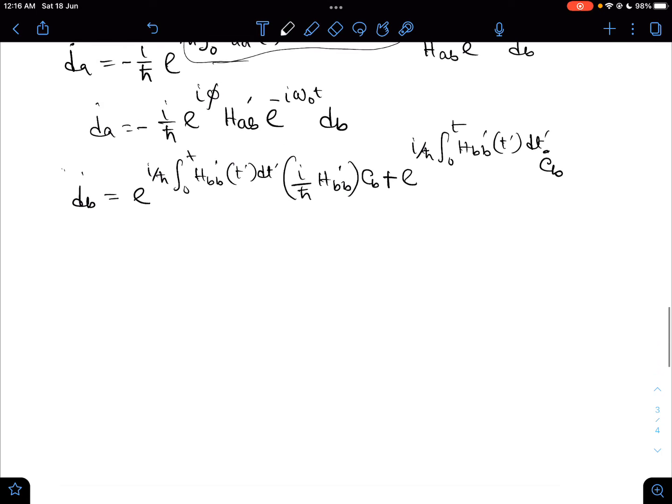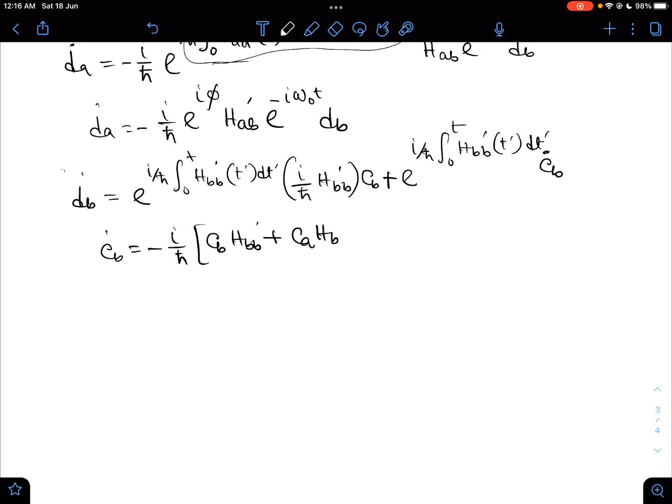But now similarly we will replace this C_B dot. So C_B dot is minus i/ħ (C_B H_bb' plus C_A H_ba' e^{iω0t}).